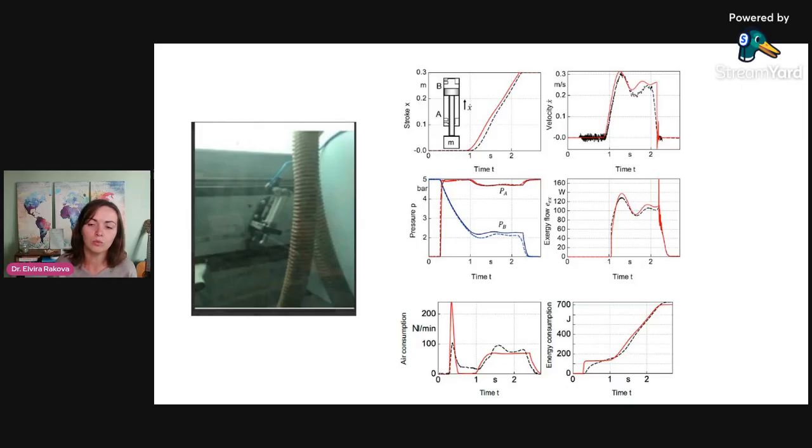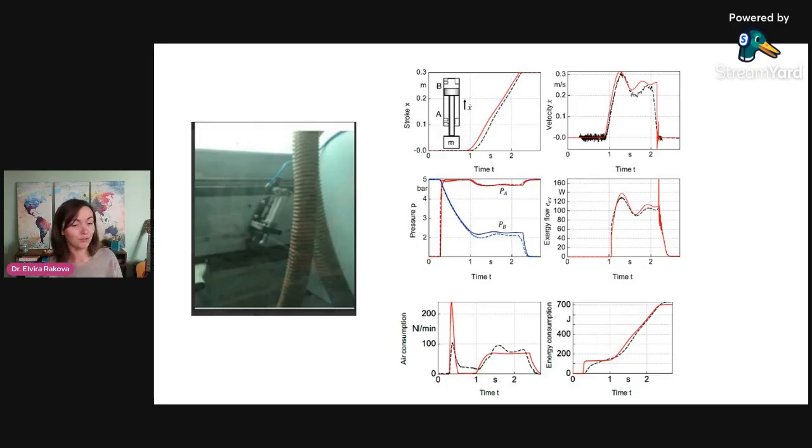So it starts to move, here at second number 1. Here it keeps the pressure difference. Thanks to this pressure difference, this velocity is enabled, and this stroke is enabled.